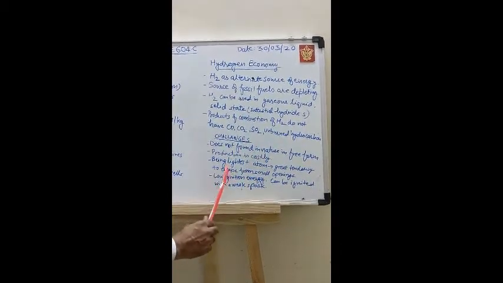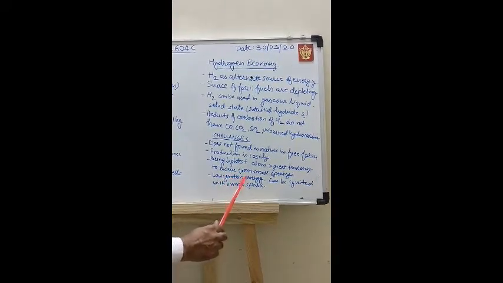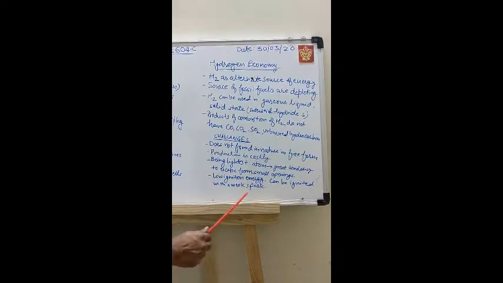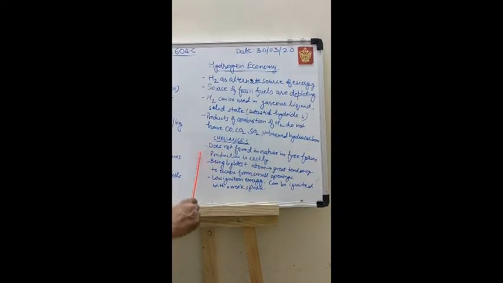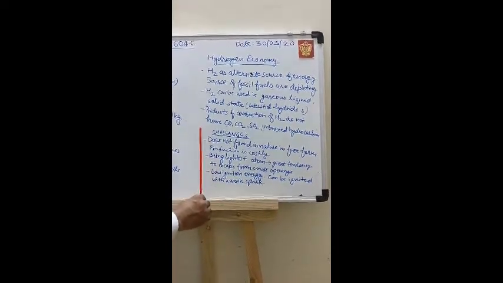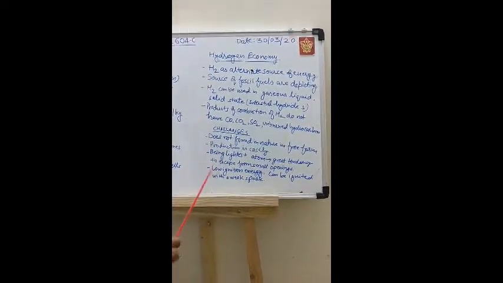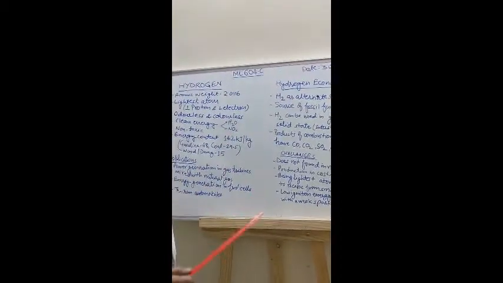Chances of escape or leakage are very high, and because of low ignition temperature, it can be ignited with a very small spark. So these are some of the challenges for industry and scientists to overcome. So this is all about hydrogen and hydrogen economy. Thank you very much.